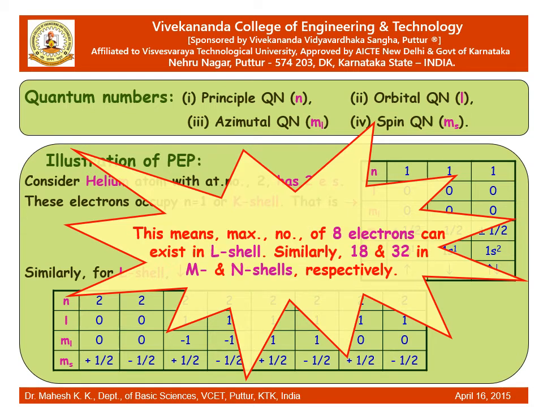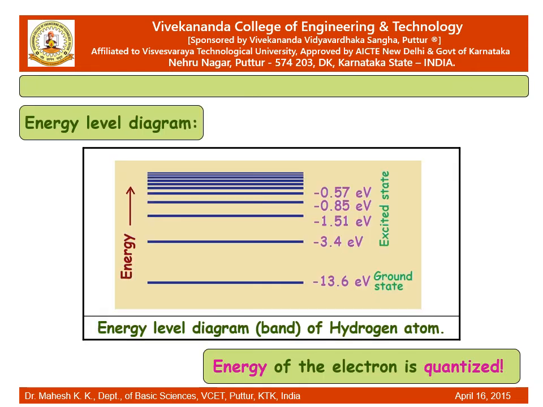This means a maximum of 8 electrons can exist in the L shell, and similarly 18 and 32 in the M and N shells respectively. That means energy levels are quantized. In this one I'm giving you the energy level diagram for the hydrogen atom.